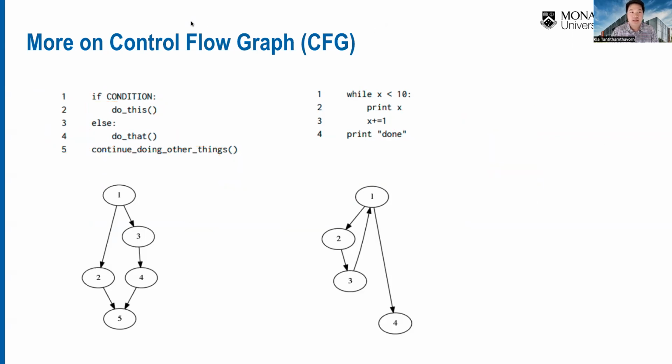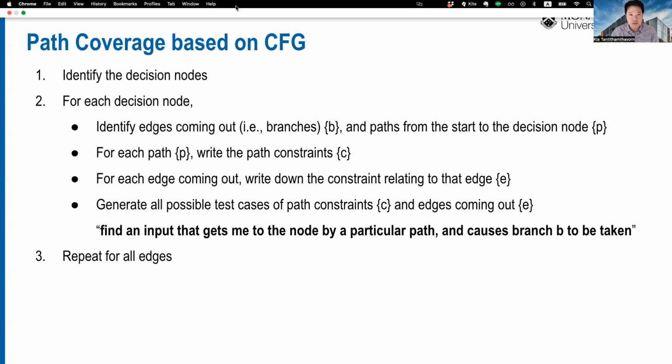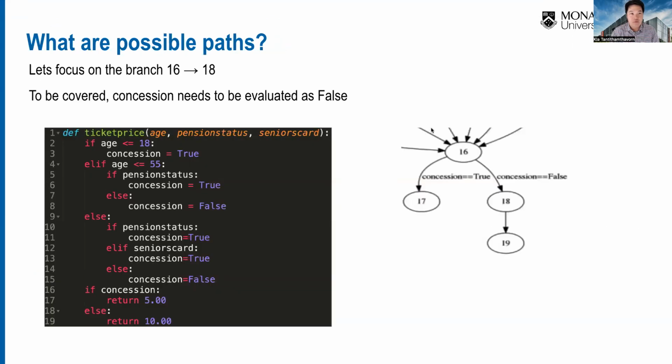Let me clear the screen. Yeah, the path coverage, right? So let's take a look at an example here. This is a continuing example. We have the ticket price program, and let's say we want to know what the feasible paths are if the concession is false, okay?